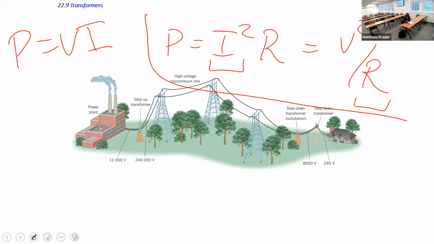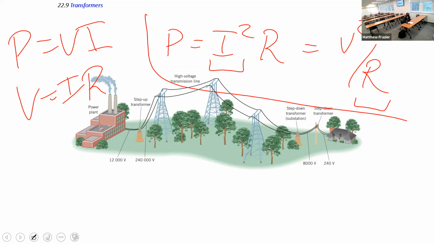This is the big thing: V is IR, and power is voltage times current. So for a given voltage and current, you want a certain amount of power. That sets the voltage and current in some sense. Then the voltage and current also have to be related by the resistance of the wire.